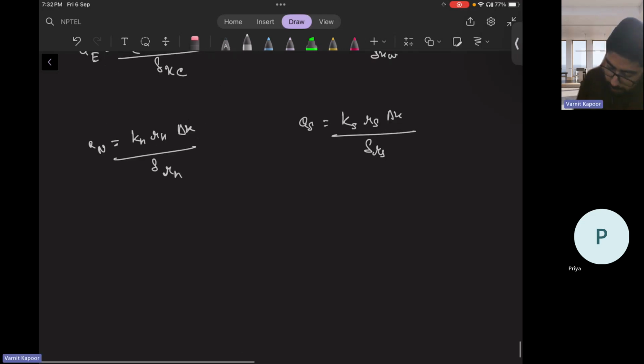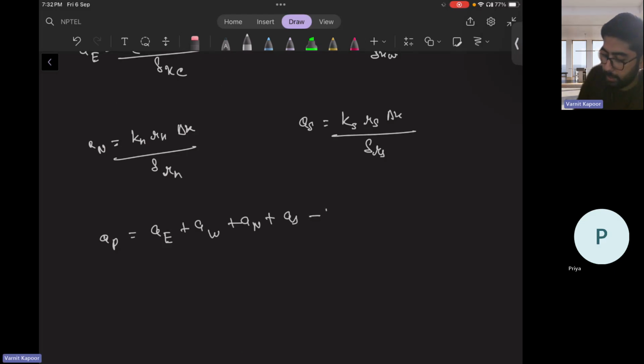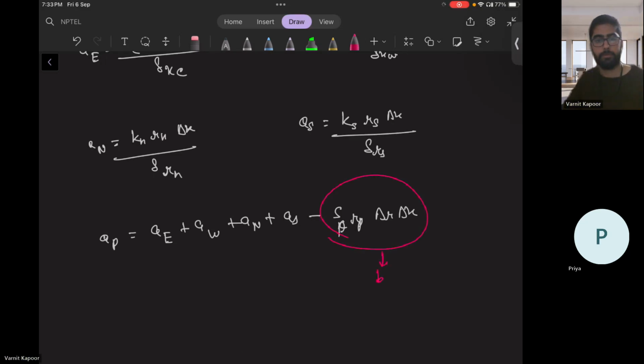AP will be nothing but the summation of all the neighboring nodes: A east plus A west plus A north plus A south, minus the term B, or I should write SC, SP, RP, del R, del X. And this is your term. So we have discretized using axisymmetric coordinates.